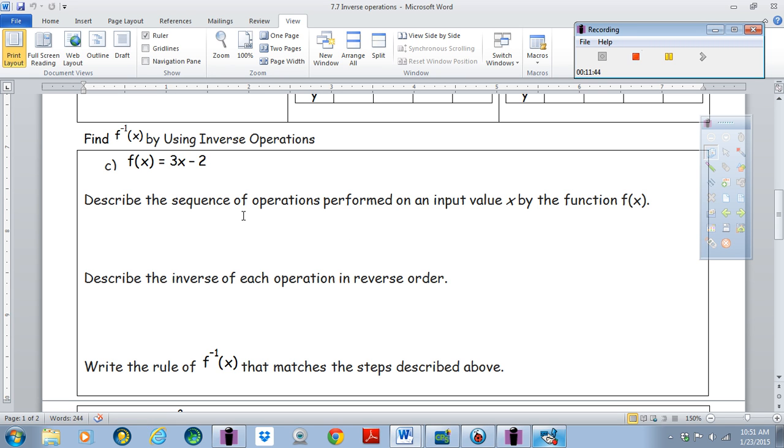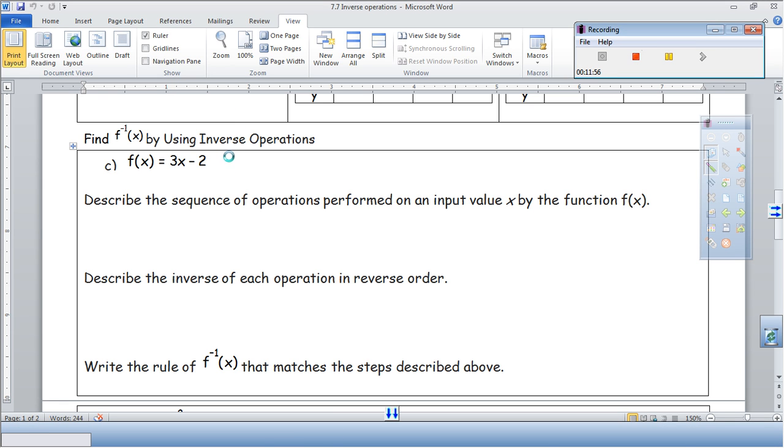Okay, so we want to describe the sequence of events that occur when I perform an input value for x on the function. So if I plug a number in for x, let's say x equals 2, we want to describe what happens to that 2.